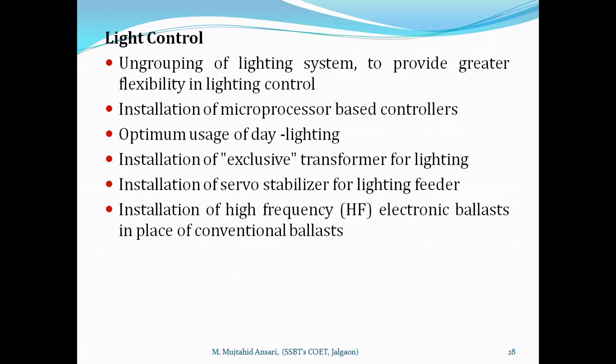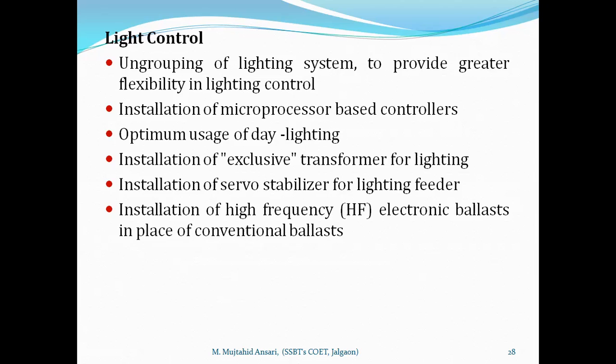Installation of servo stabilizer: in industry, motors and motive power or some heating loads need higher voltage, around 420 volts, whereas illumination needs only 230 volts, which is quite optimal for luminaries. So you can install a servo stabilizer for lighting feeders.